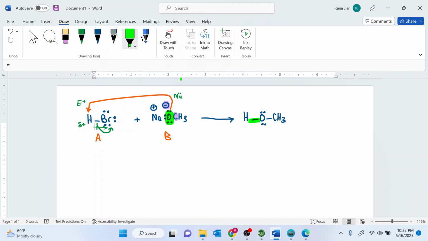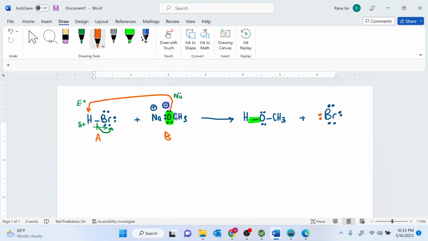So go ahead and write it down, plus whatever is left. Bromine is left. Bromine already has 3 lone pairs, and I added 2 more. So you end up with bromine with the 3 lone pairs, and these are the 2 that I added.